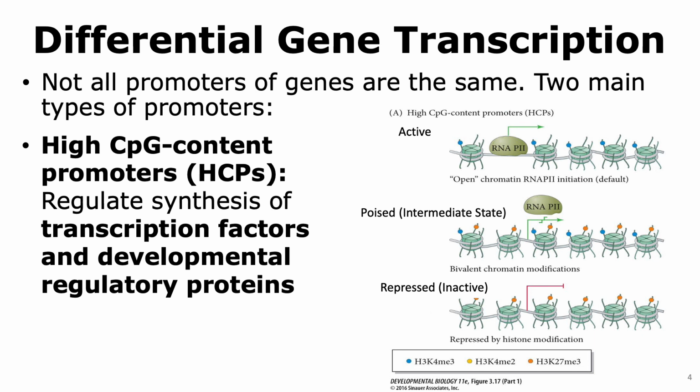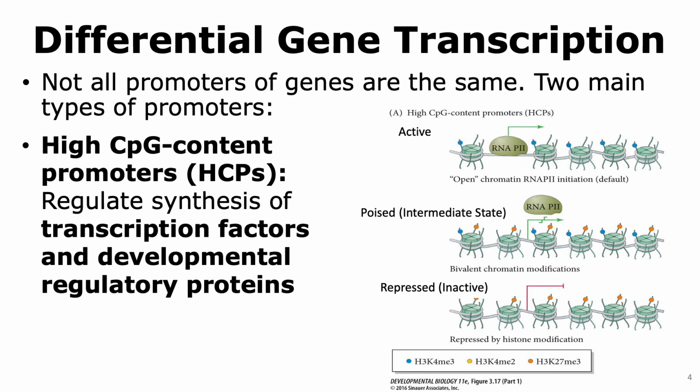We're now going to look at how we can regulate differential gene expression based on the type of promoters that are present on genes. So we're now looking at regulation of gene expression at the transcriptional level. Now there are two main types of promoters that have been discovered. The first one that we're going to look at are the high CpG content promoters, or HCPs.